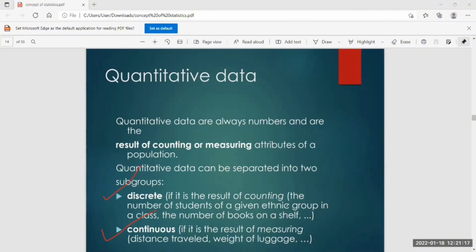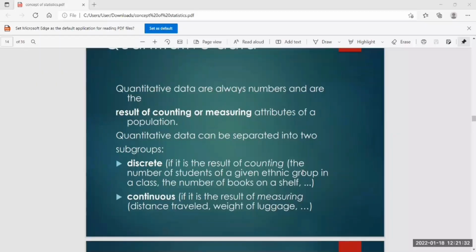If it is the result of counting, the number of students given an ethnic group and the number in a class, then it is discrete. Continuous is a result of distance traveled, weight of luggage. Those are the continuous, with measurements of kilometers per hour, or BMI, that's continuous, or the distance.